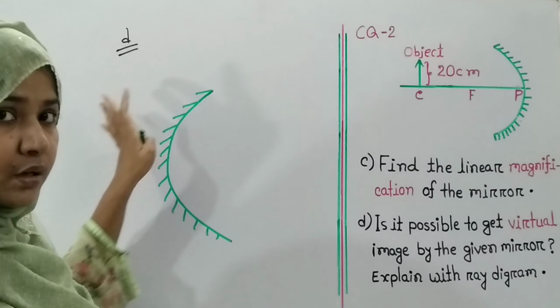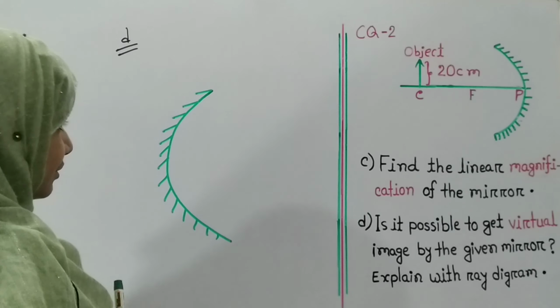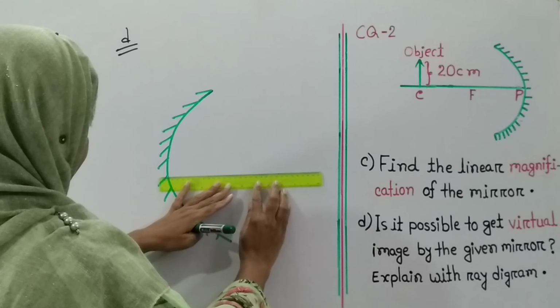So here you can see the concave mirror. Now draw the principal axis.